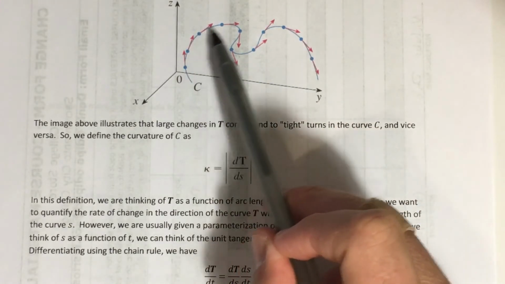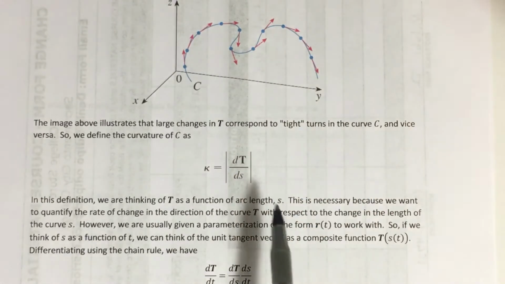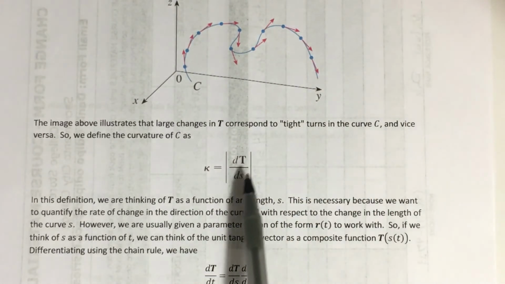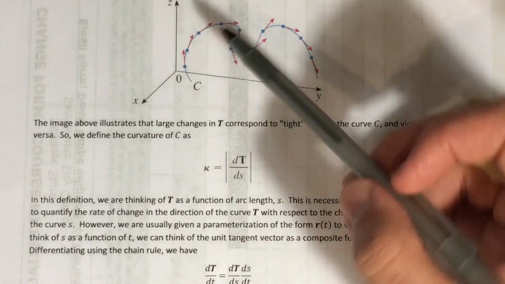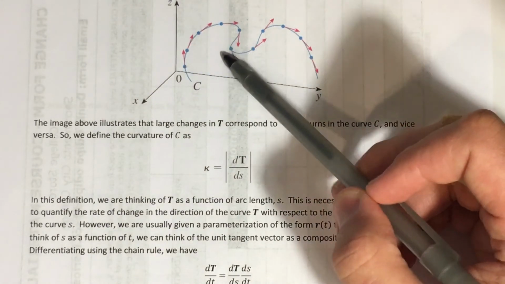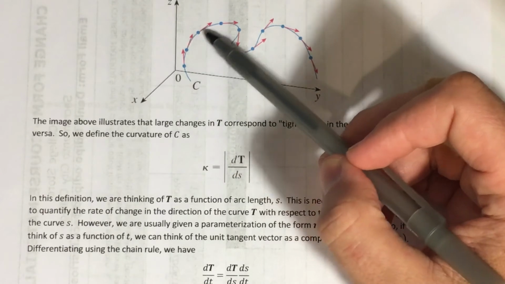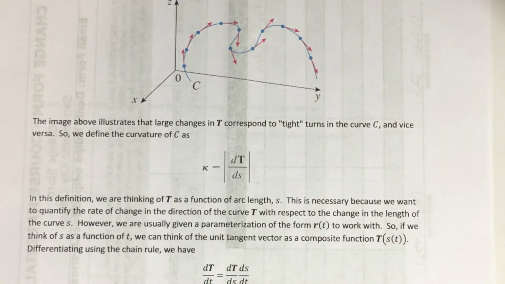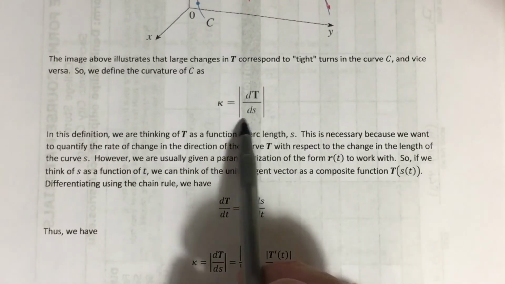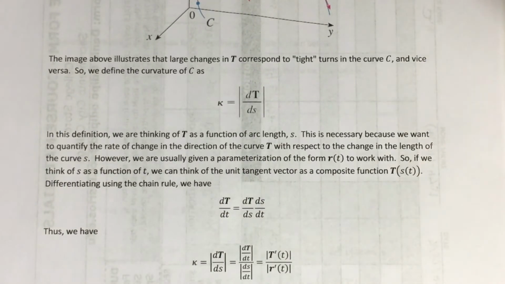The magnitude of all of these vectors is 1. That means when we look at the derivative of T with respect to s, if the magnitude of these vectors is not changing, then this derivative is only taking into account the change in direction of that unit tangent vector, and that's what we care about. Okay? So this is our definition, again, of curvature.